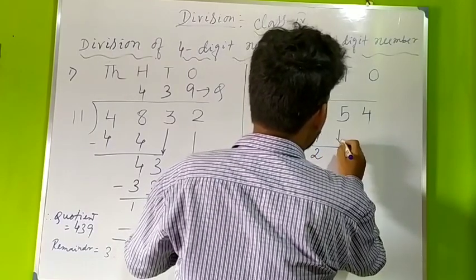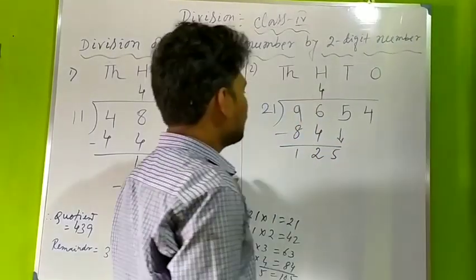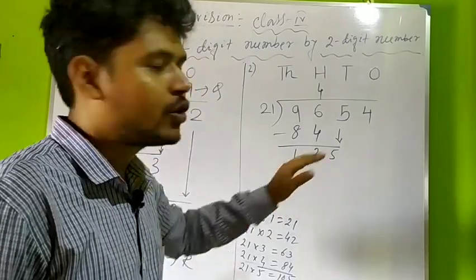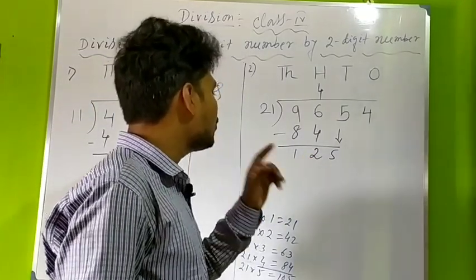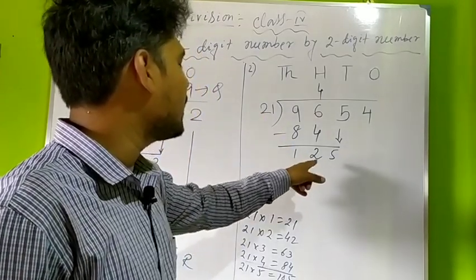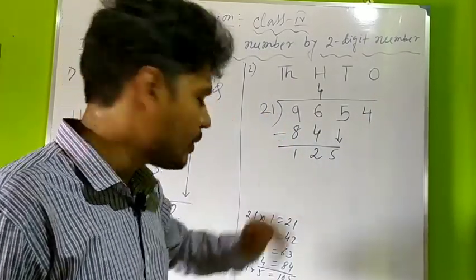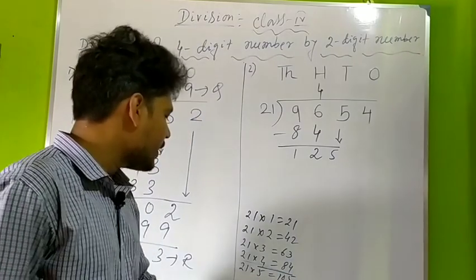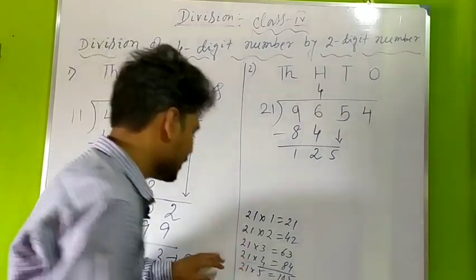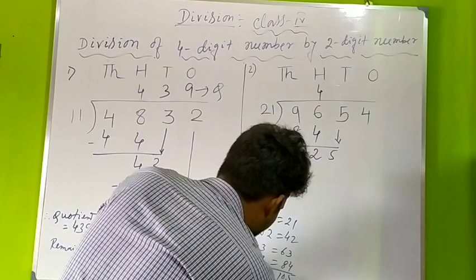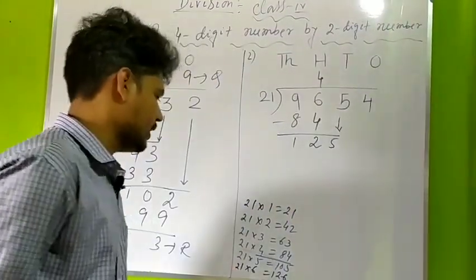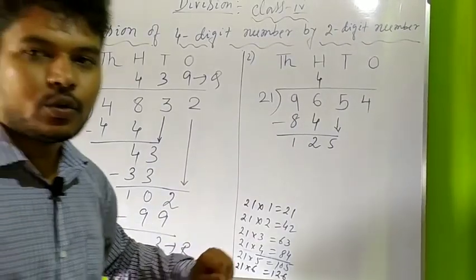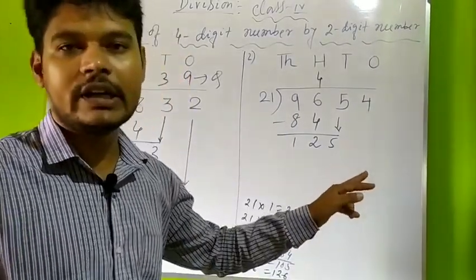5 comes down. So we are taking 125 tens. Now we are dividing this 125 by 21. So 21 into 5 equals 105. Now you see 21 into 6 equals 126, which is greater than 125.